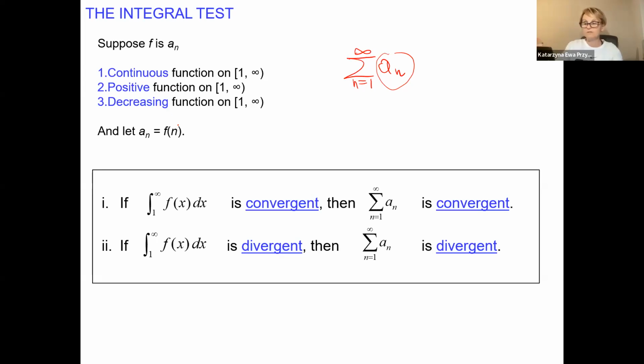Then we may try to integrate. It will be an improper integral; we remember section 7.7. If the corresponding integral is convergent, then the infinite summation is convergent. If the integral is divergent, then the corresponding series is divergent. That's it.